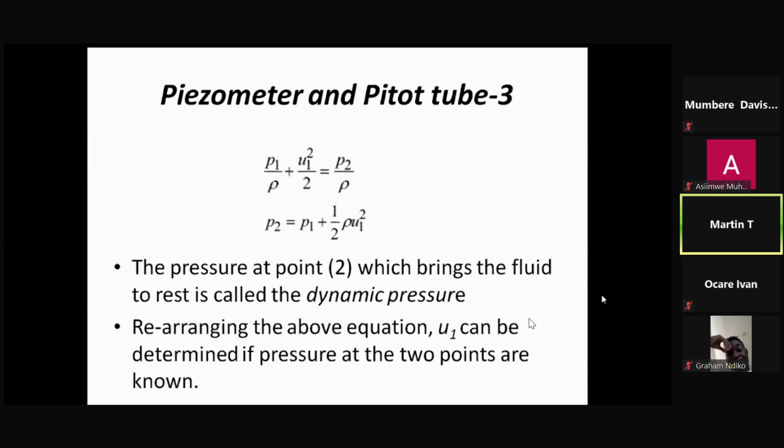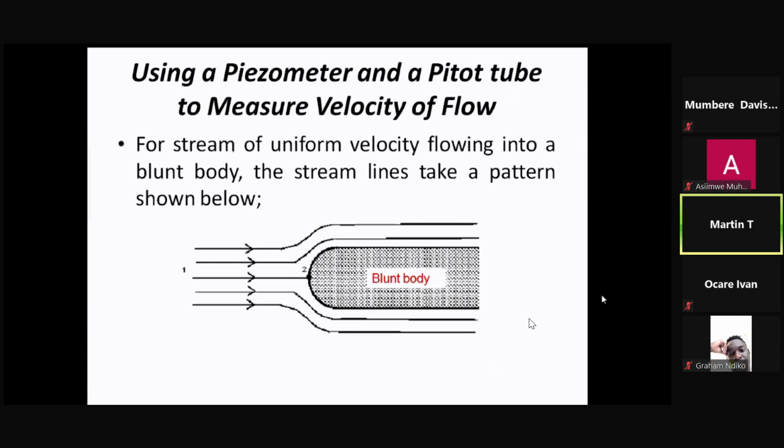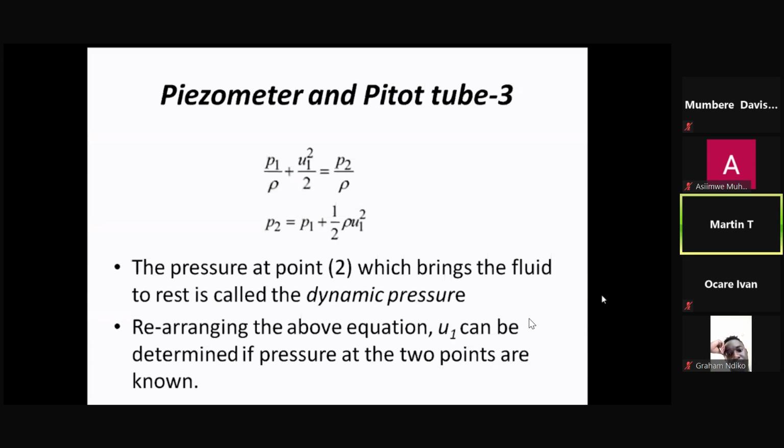Now, rearranging the above equation, remember that this application is about measuring velocity. If we make U1 the subject of the formula, what will we get? We'll get 2P2 minus 2P1... Try to rearrange it.